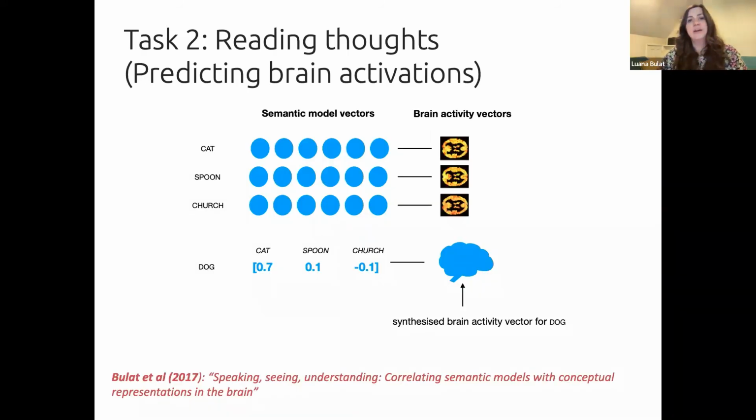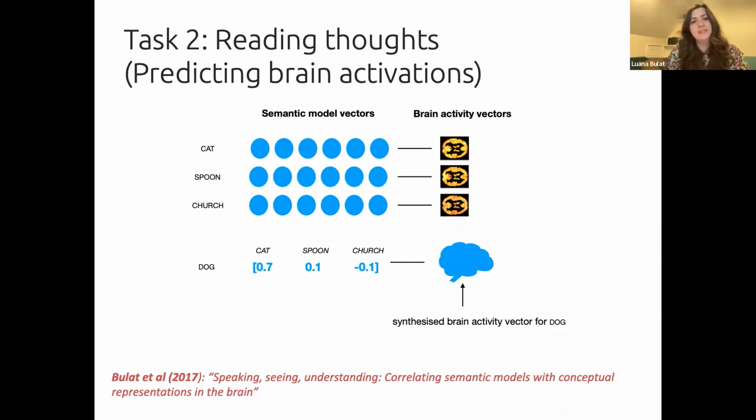So in one of my other publications, we've done an extensive study comparing different types of semantic models in their ability to predict exactly this brain activation pattern. And sparing you the long technical details, here's what we found. Grounded semantic models do outperform text-based models in this task.